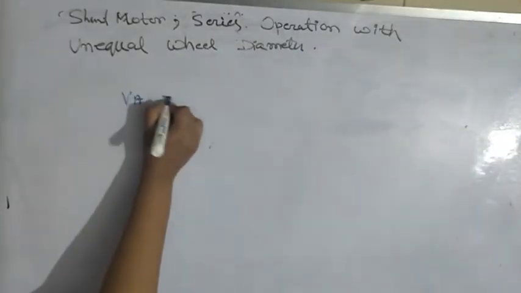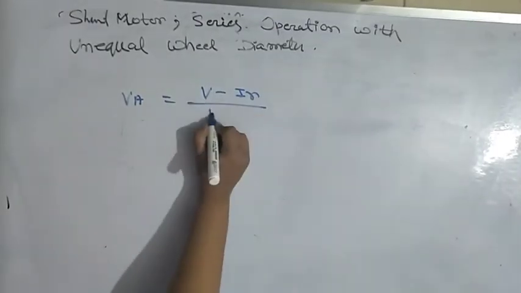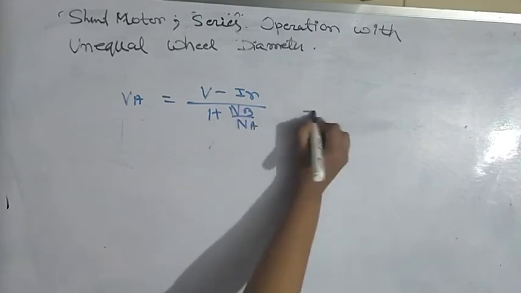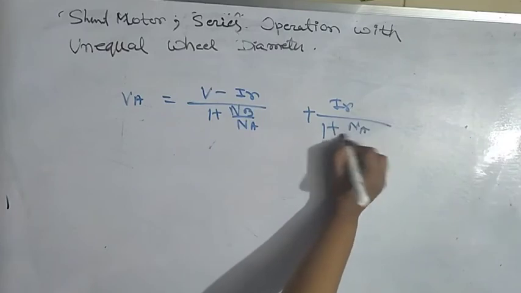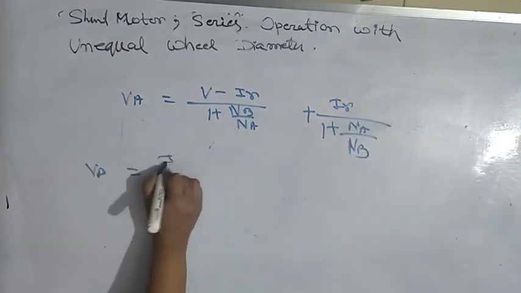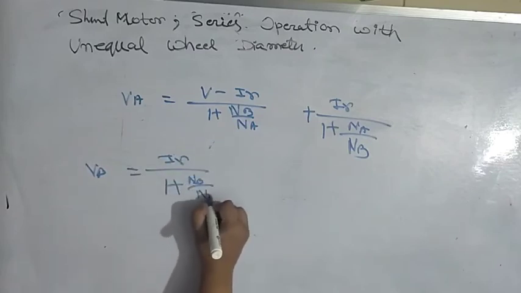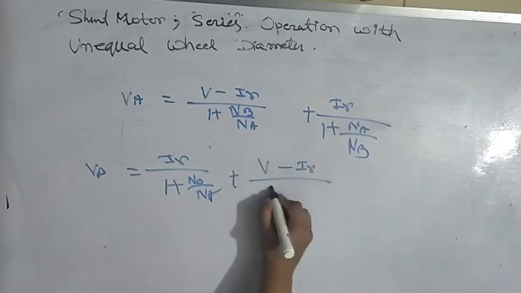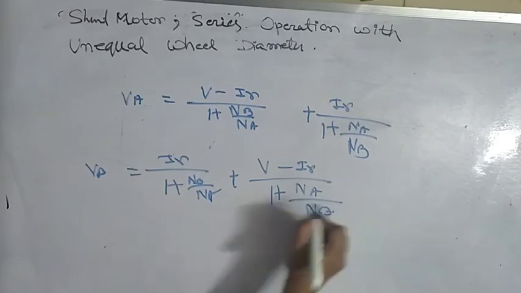VA equals V minus IR 1 plus NB by NA plus IR 1 plus NA by NB, and VB equals IR 1 plus NB by NA plus V minus IR 1 plus NA by NB.